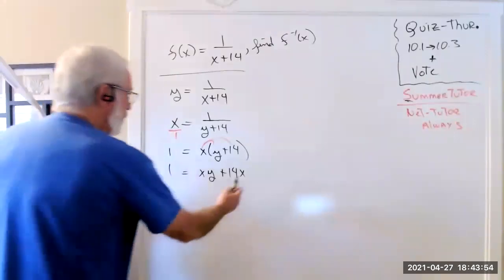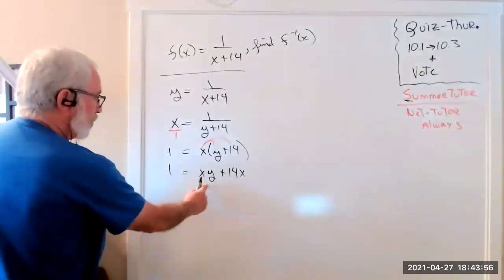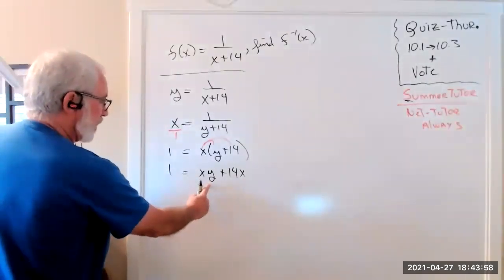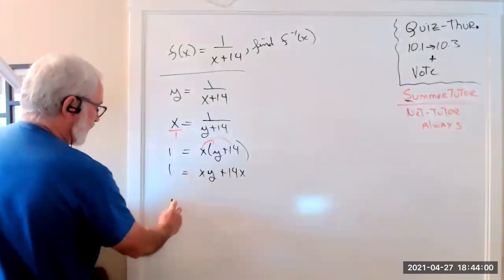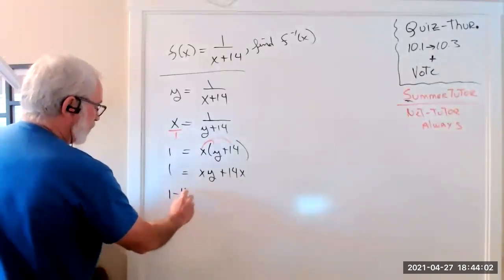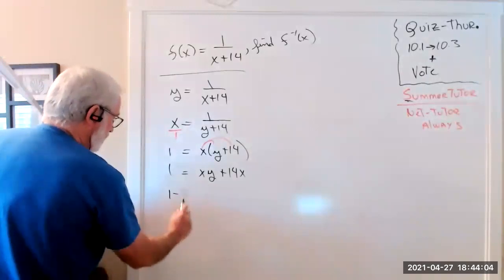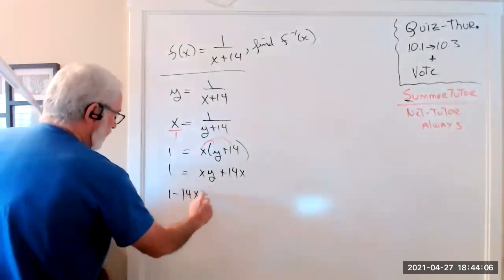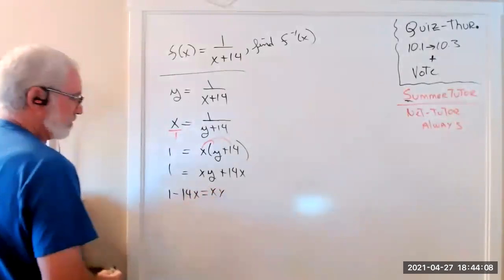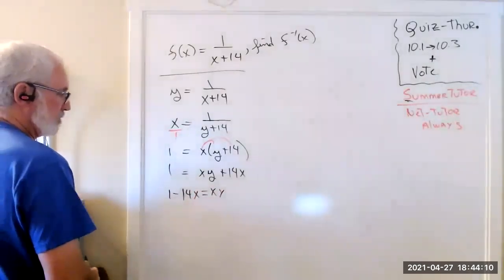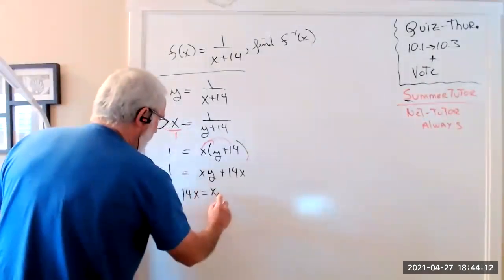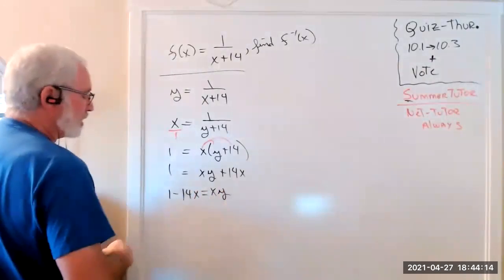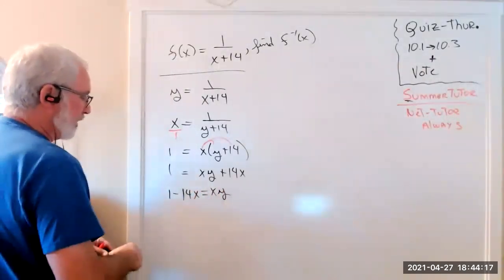Okay, then I want to get the y alone. Keep that in mind, I'm always trying to get the y alone. So I'm going to get rid of the 14x. So that's 1 subtract 14x equals xy. Now I still got to get the y alone, but it's being multiplied by the x.